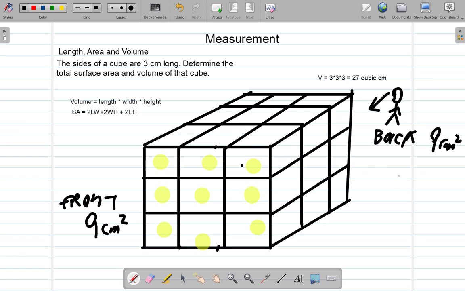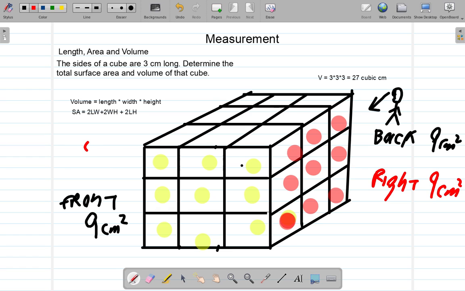Now let us say that you're looking to the right of this cube. What would you see? That's 1, 2, 3, 4, 5, 6, 7, 8, 9. We have on the right, we have 9 centimeters squared. All right.